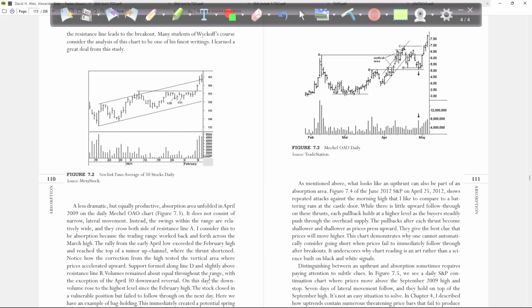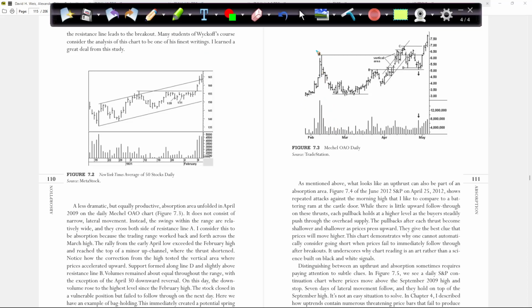So we are looking at resistance line A here. We found support here, and we saw the volume was around the same. Volume remained about equal throughout the range, with the exception of the April 30 downward reversal.